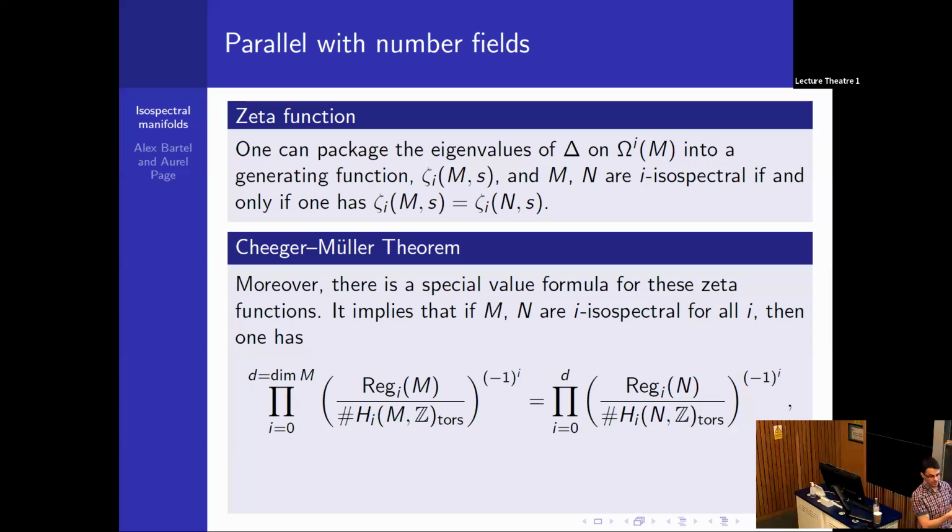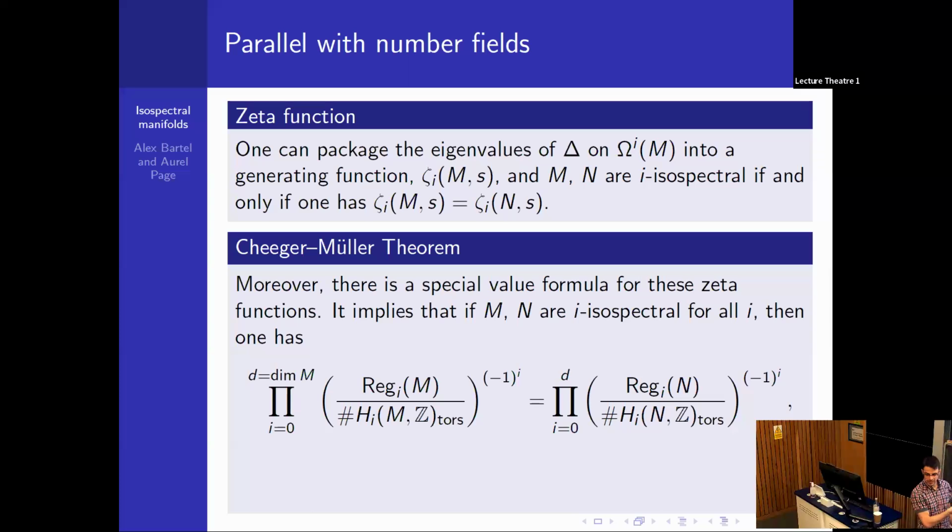So I'm just going to give you a consequence of the Jaeger-Müller theorem. And that says that if two manifolds are isospectral for all i, then they share a certain expression, and the expression is an alternating product over all degrees of, in degree i, you take the ith regulator divided by the size of torsion homology in degree i.